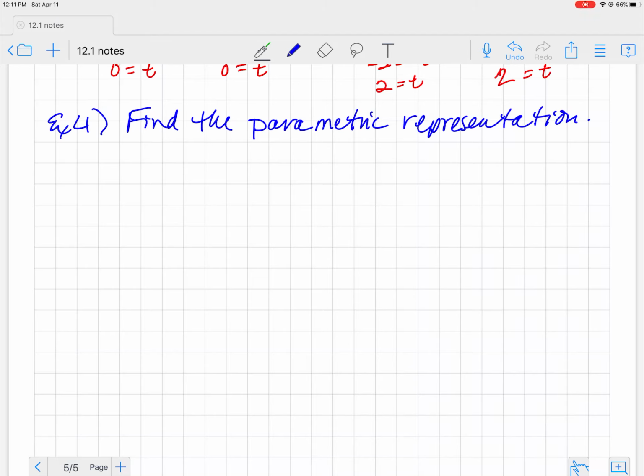All right, so let's practice this a little bit more here. We want to find a parametric equation, but so far we've done a circle, which has a nice sweet formula, and lines have nice sweet formulas. What if I don't have this nice sweet little formula? What if I want to find the segment of a parabola?